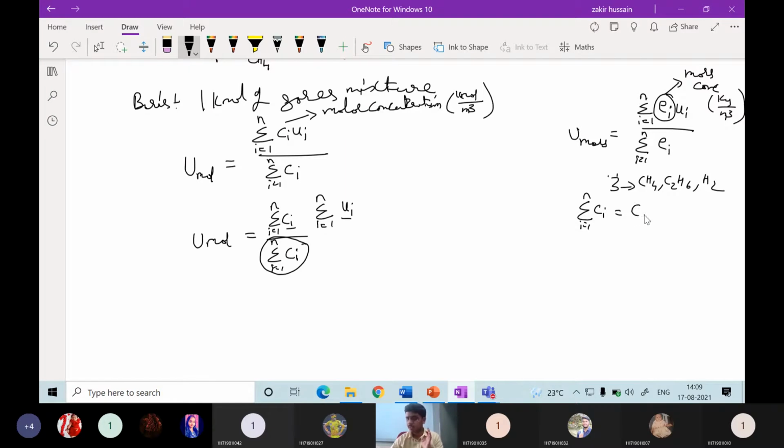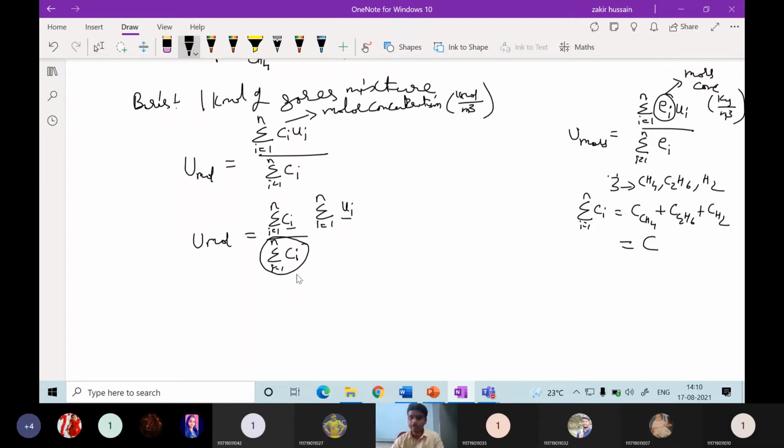Means concentration of CH4 plus concentration of C2H6 plus concentration of H2. The meaning of this summation is the whole concentration, so sigma Ci is nothing but total concentration.